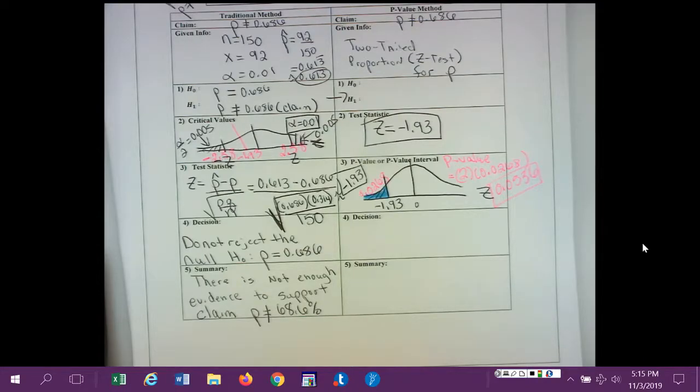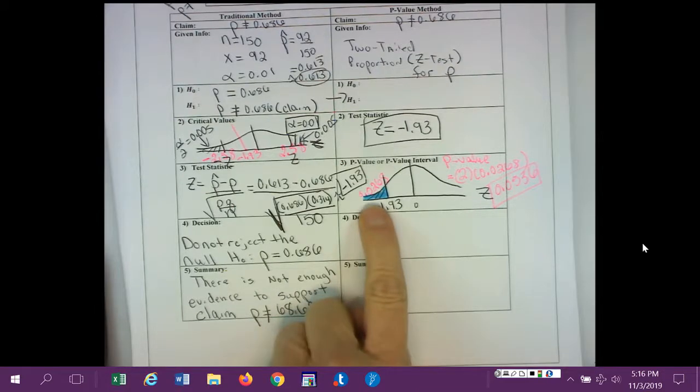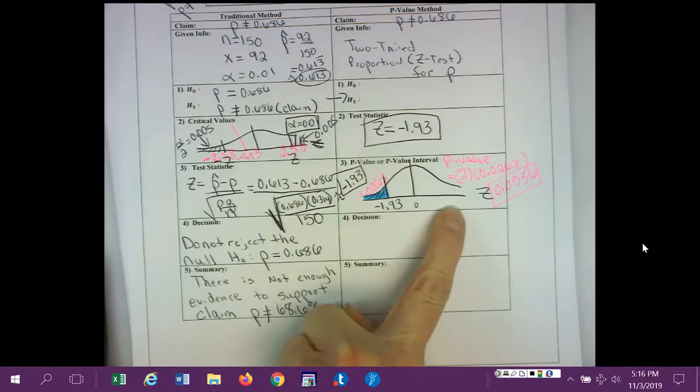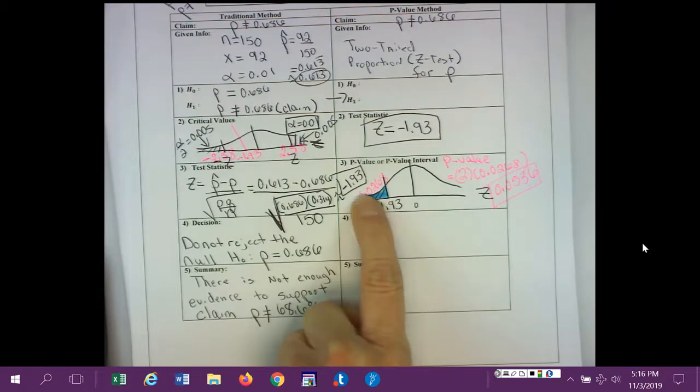Please double. If this happened to be a left-tailed proportion z-test for true population proportion, and this was your test statistic for that left-tailed proportion test, then yes, 0.0268 would be your p-value. But since it's two-tailed, we got to find this and double it.